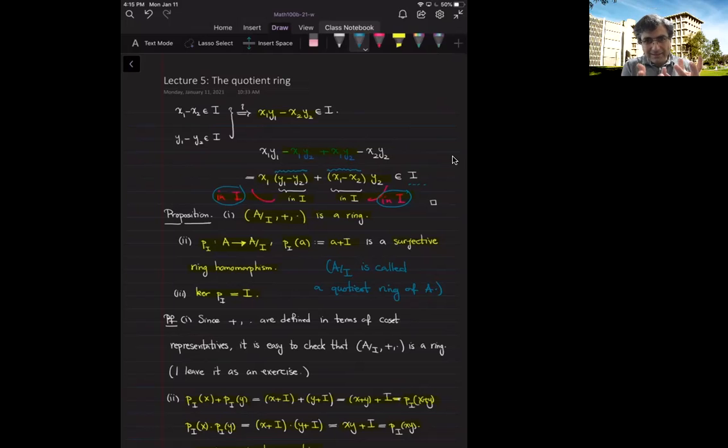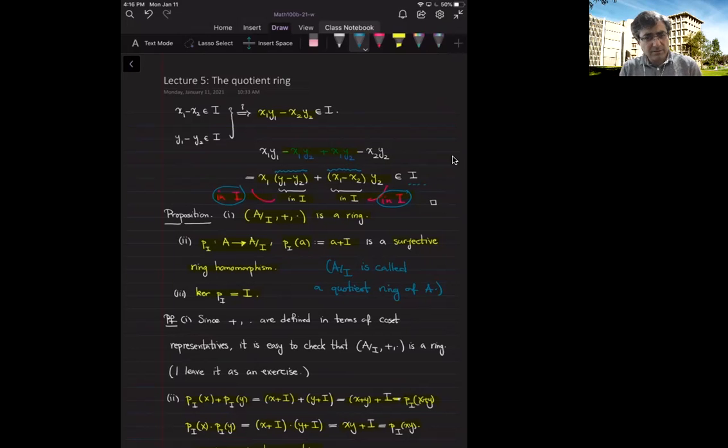And at the end, because A has these properties, because A is a ring, we can deduce the same properties for this new set, the set of all the cosets with these operations. I leave it to you to check these properties. These are rather easy, and they don't provide a new insight. So I leave it to you to check.